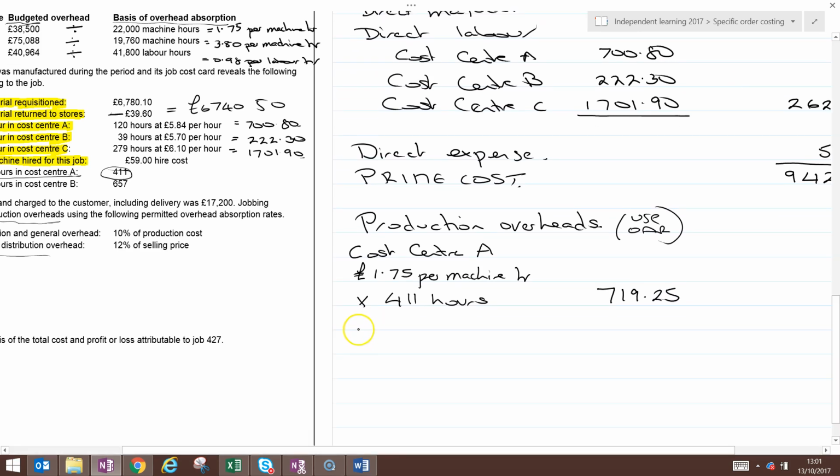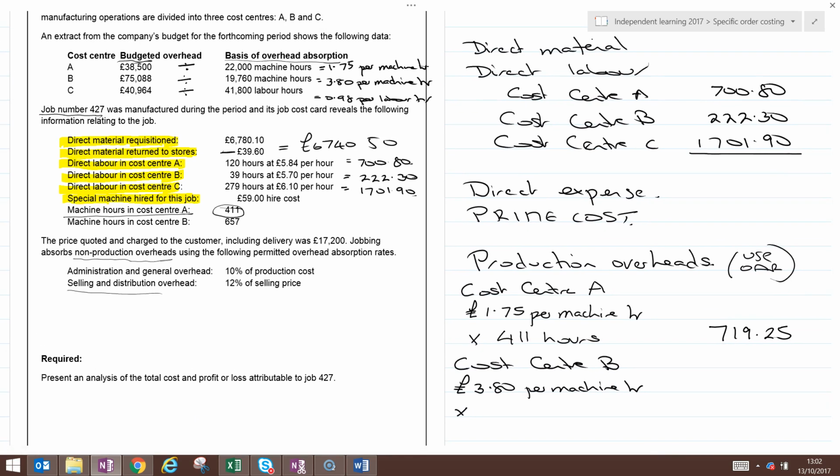So repeat for cost centre B. Our absorption rate, £3.80 per machine hour, times cost centre B, machine hours 657.